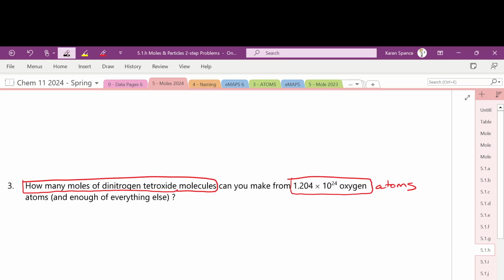What are we starting with? 1.204 times 10 to the 24 O atoms.